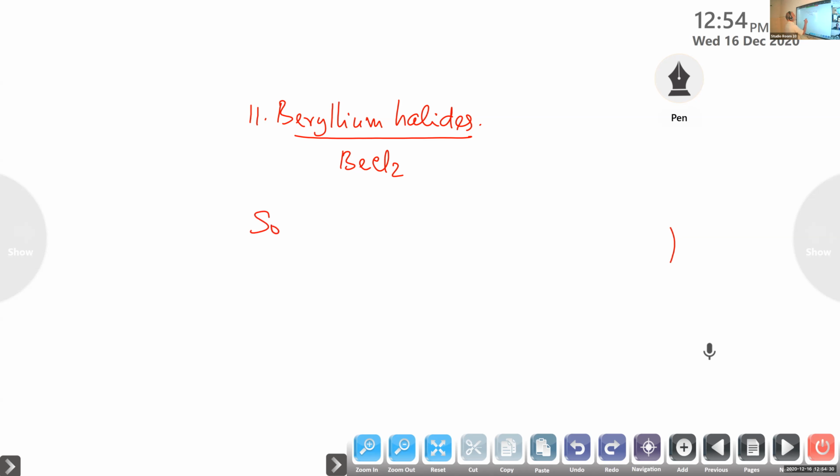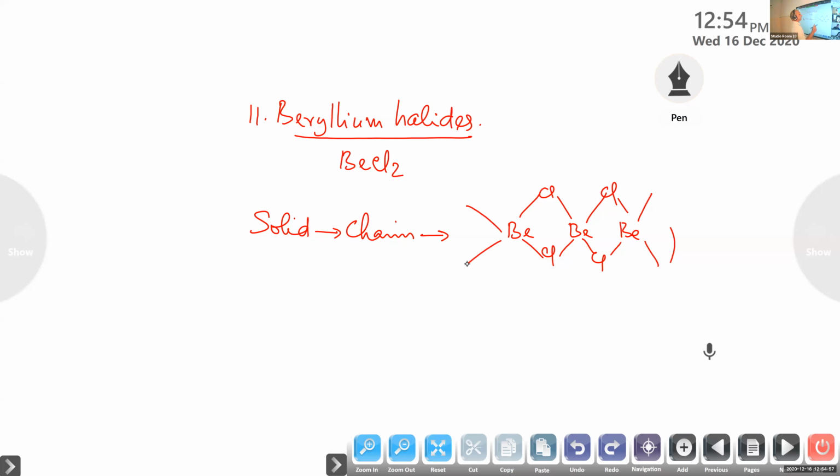See, beryllium, there is a chloro bridge, like this. Chain structure with a chloro bridge. That's in the solid state. It is a polymeric compound of beryllium chloride.